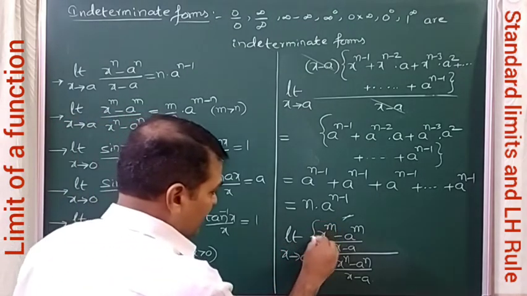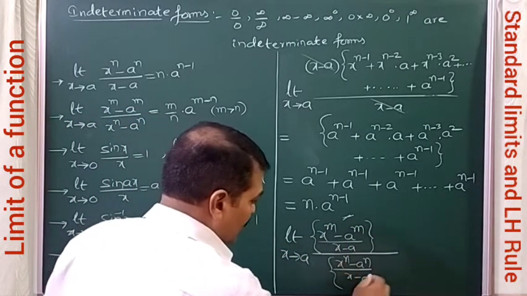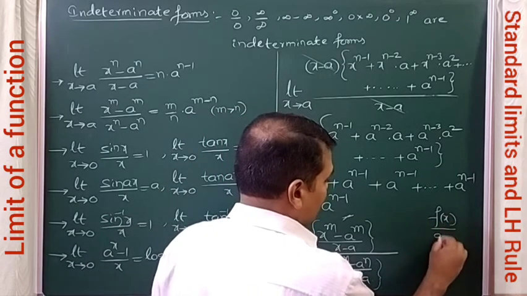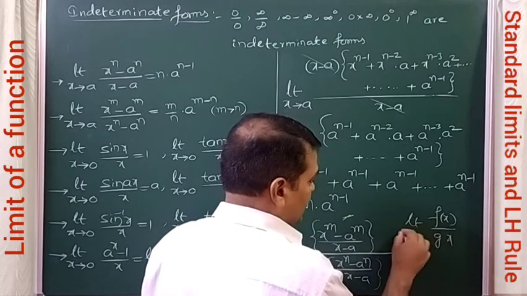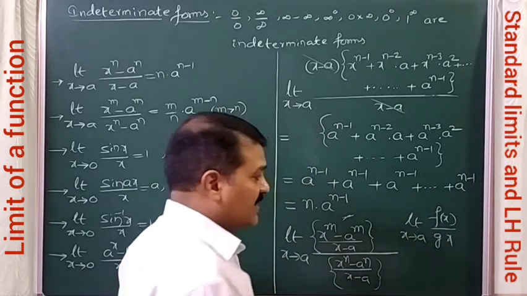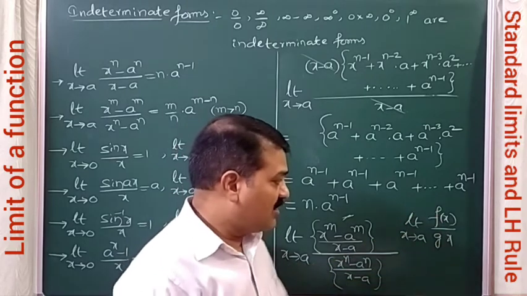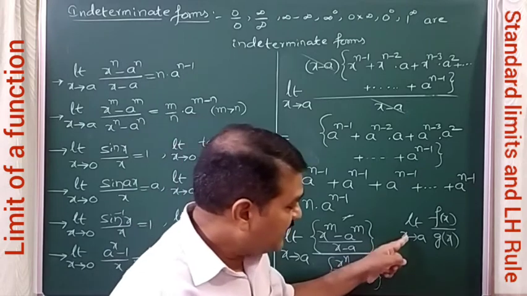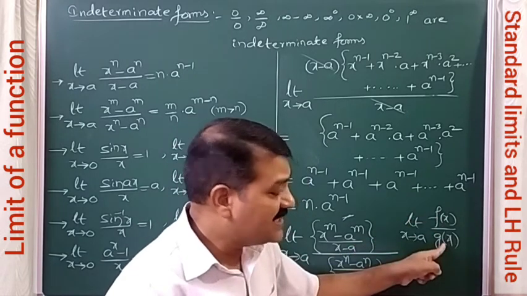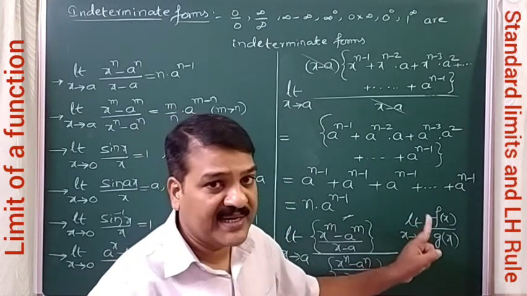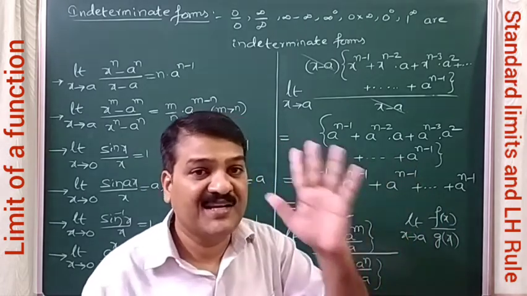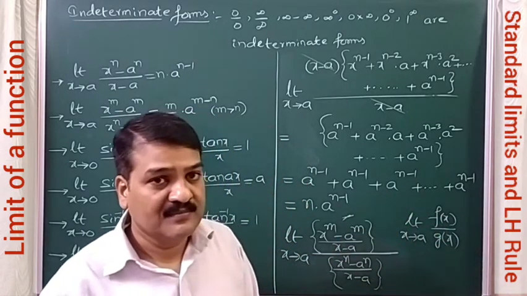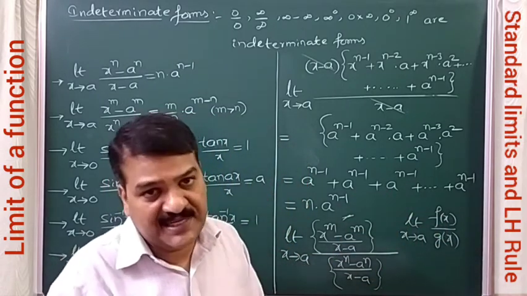Now, we have already learned that whenever you have a function like f of x by g of x, that is a rational function, if you want to apply the limit, you can apply the limit separately for f of x and separately for g of x, provided you are getting a finite limit. You can separately apply the limit for numerator and denominator, but actually you must get a finite limit.